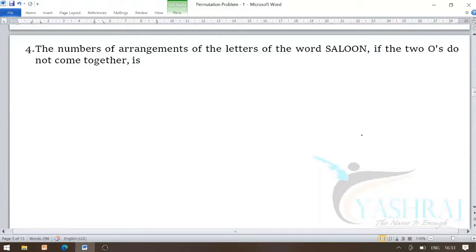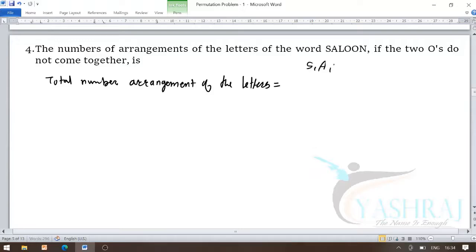So look once, firstly we have the total number of arrangements of the letters. Now the total letters in the word SALOON, there are 6 letters.